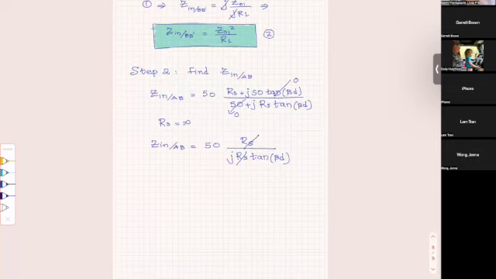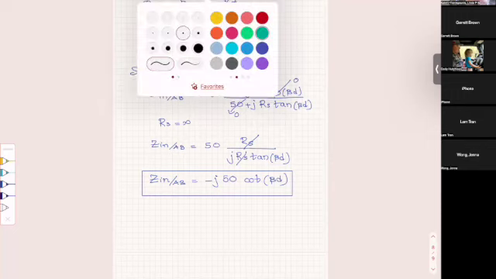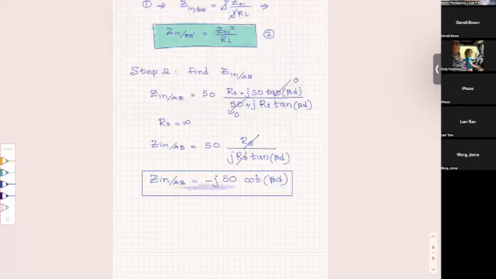So practically, Z input at AB is going to be minus J50 cotangent beta D. Okay, and that is this impedance.